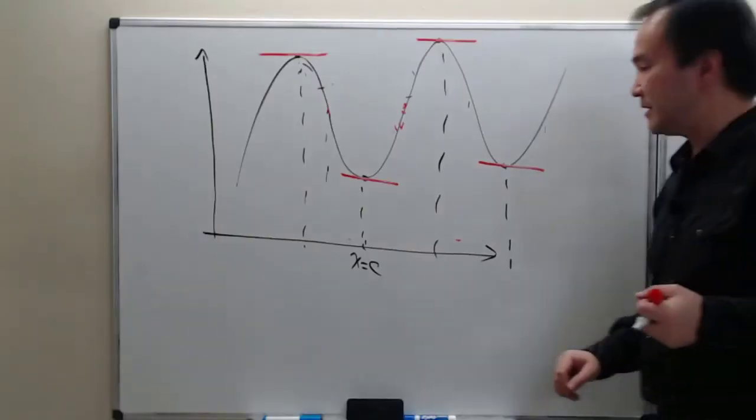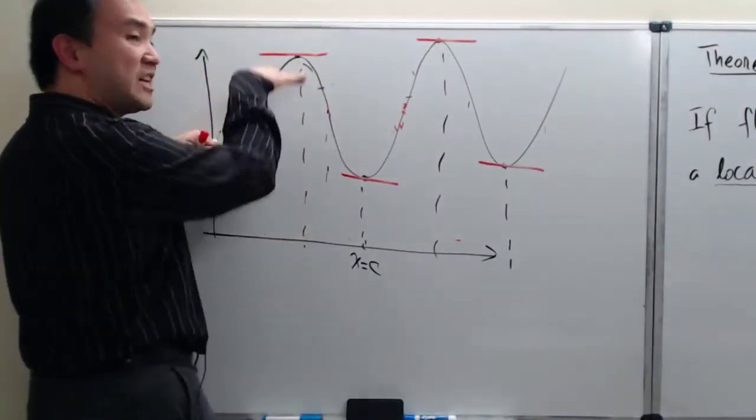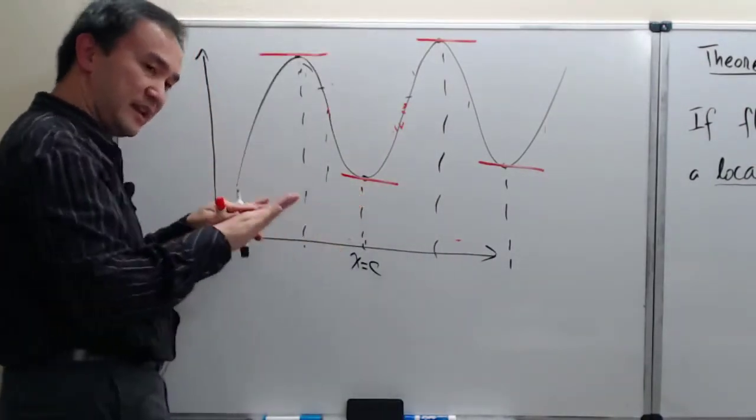Let's quickly look back. If our function hits a peak, a high peak or a low peak, that's what the theorem is starting to say.